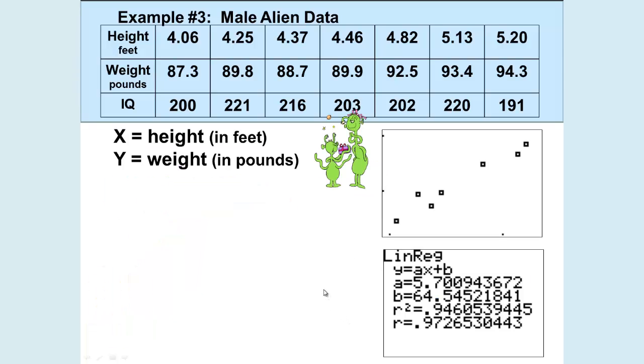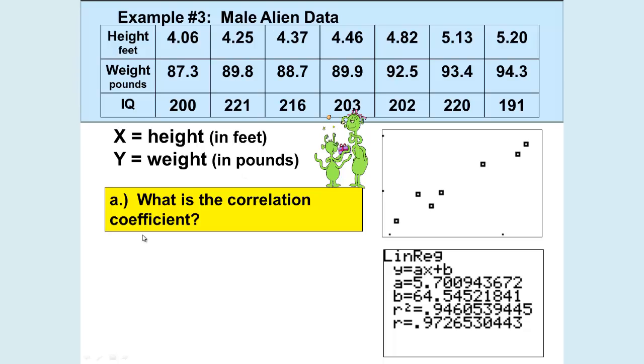Remember from our previous example, we had already done this. The X is height in feet and W is weight in pounds, and you can pause and re-enter this data for yourself and get the 2 screenshots that are here to the left. This is our scatter plot and our linear regression.